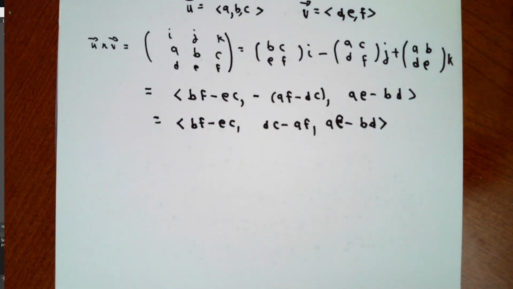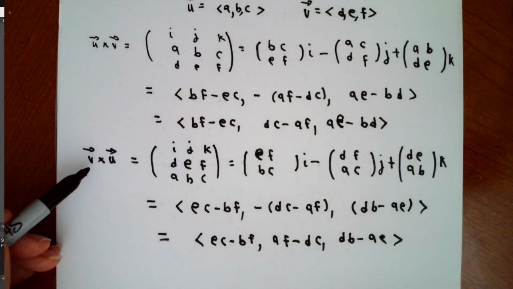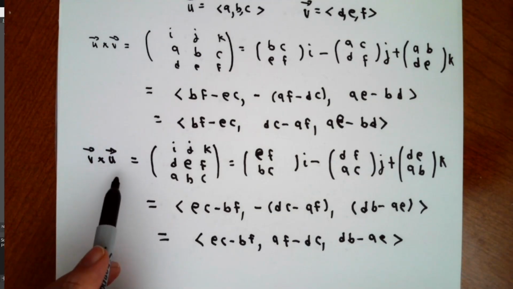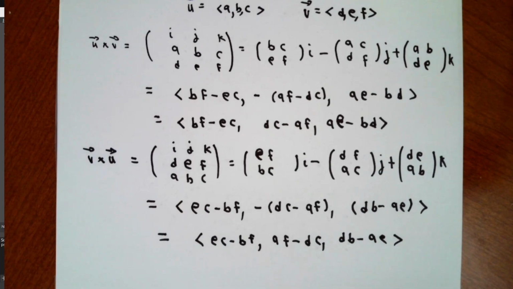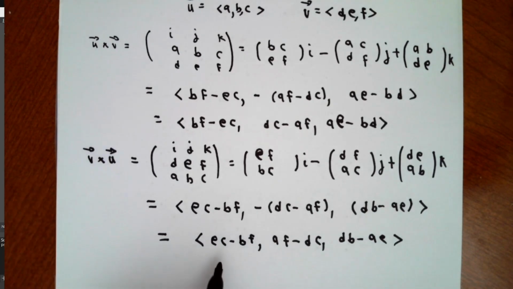This is U cross V. Calculating V cross U is very similar, except the first vector is V now, which has components D, E, and F, and the second vector is U, which has components A, B, and C. Doing the same sort of algebra, we find out that V cross U is equal to EC minus BF, AF minus DC, DB minus AE.